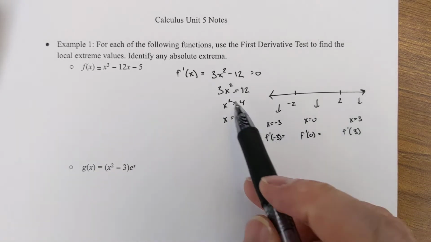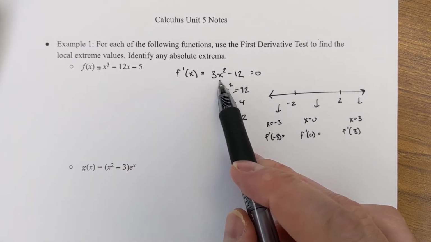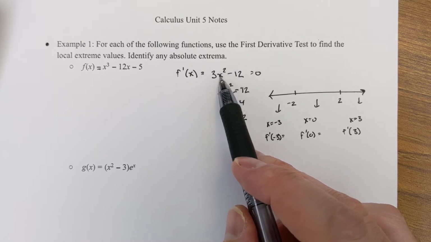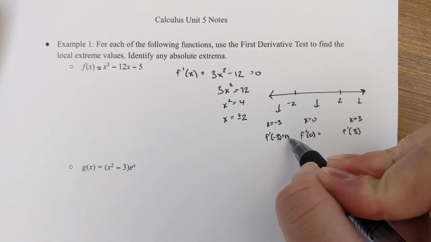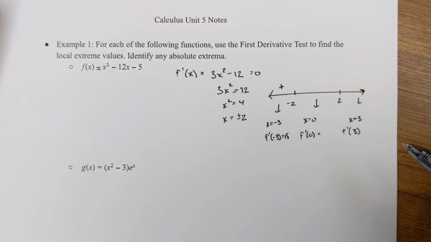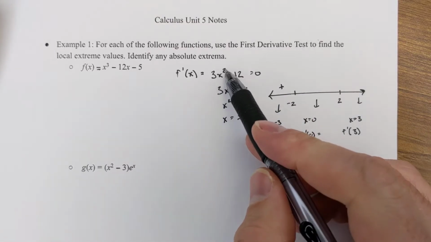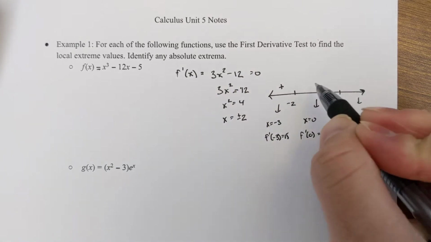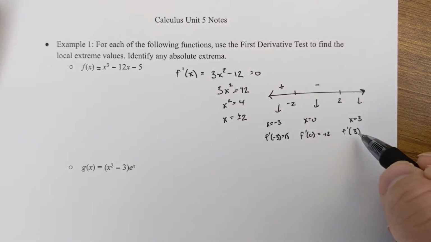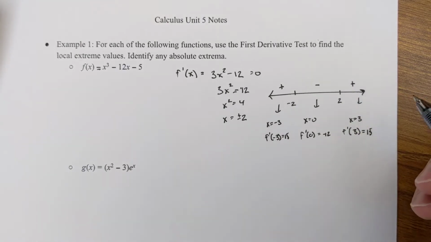If I plug negative 3 into my derivative equation, negative 3 squared is 9, 3 times 9 is 27, 27 minus 12 is 15. So this is positive. At 0, 0 squared is 0, 3 times 0 is 0, 0 minus 12 is negative 12, so this is a negative number. And at positive 3, we're actually going to get 15 again, so positive.